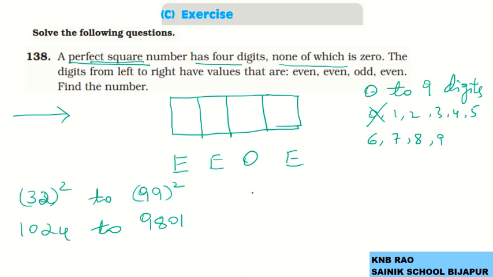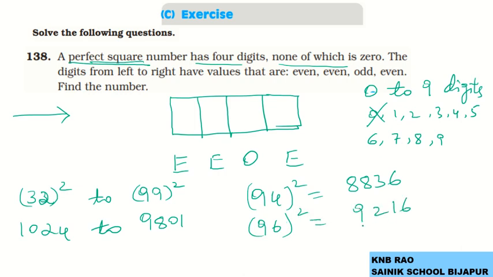I could do it using an Excel sheet, and 94 square, which is 8836, satisfies this, and 96 square, which is 9216, satisfies these conditions.